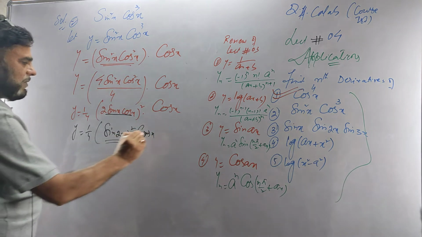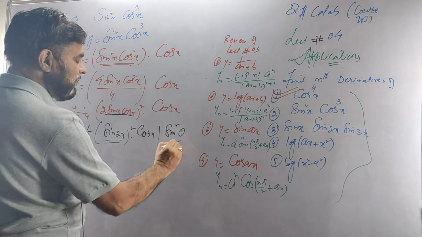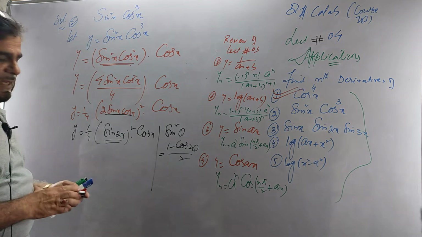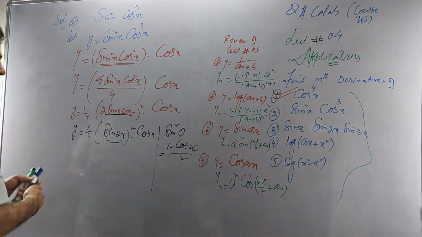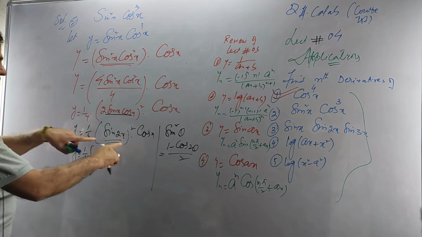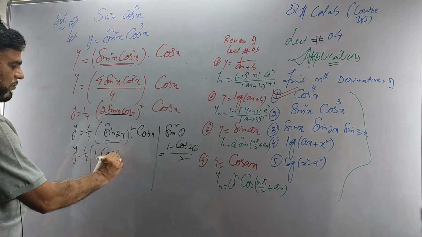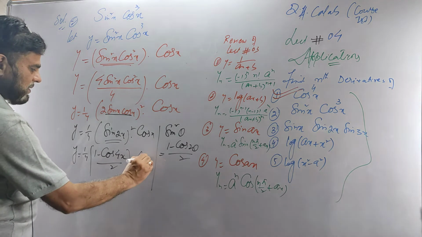Now apply the formula for this. What is that? It is sine square theta, you can write 1 minus cos 2 theta by 2. Use the theta value here 2x. This will be 1 minus cos 4x. So I can write y is equal to 1 by 4. Use this result now. It is 1 minus cos of 4x by 2, then into cos x.